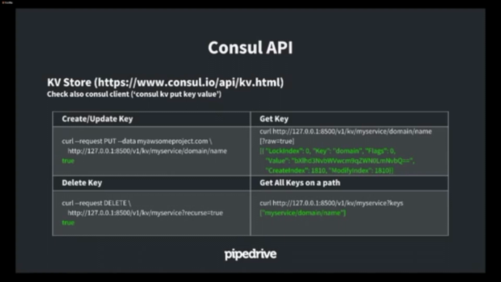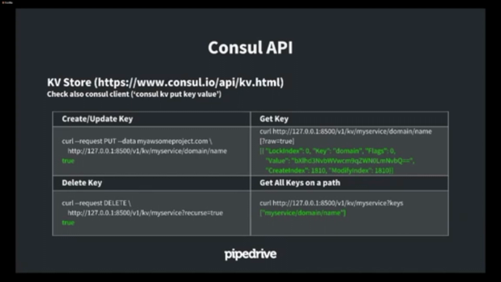In this case, I'm creating a directory called my service with a subdirectory called domain and with a name. So I'm storing this value, and this value will become my service domain name.